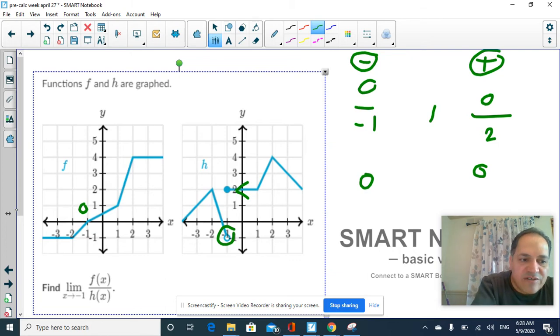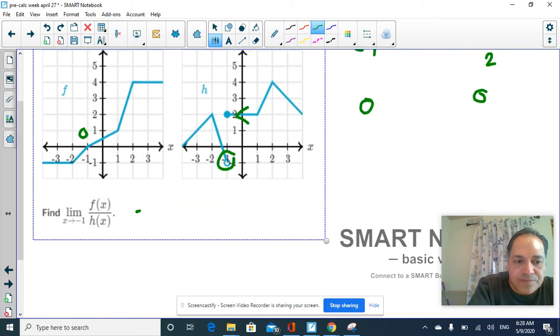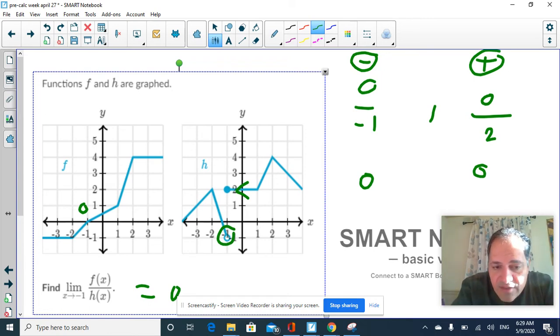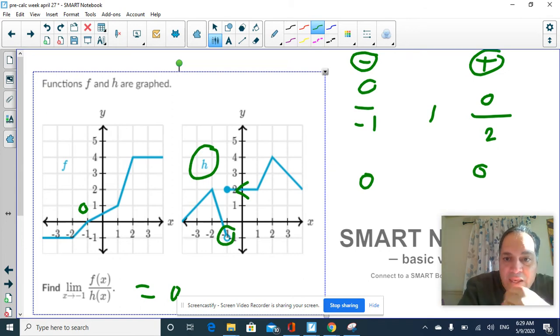So the limit equals 0. When you divide by a piecewise function like this one, you have to find the limit from left and right for both and then find the quotient, because we have a quotient here, only in a quotient.